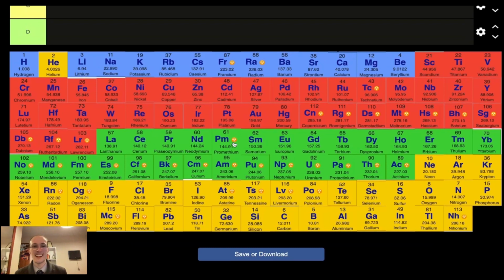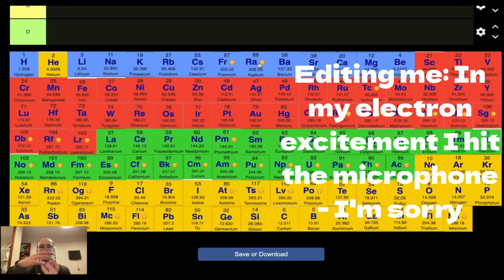The elements here are ordered in their electron shells. So I've moved helium from the yellow ones here to the blue ones up here. So these are the S shell elements, where the S shell is the outer shell. Electrons flow around the core of the element in a sort of nebulous cloud.